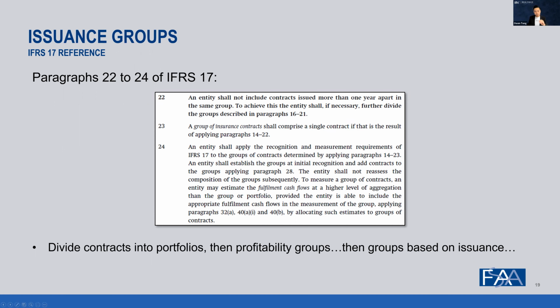Once you get to that lowest grouping level, that's the level where you need to produce numbers, where you need to measure the insurance contracts. IFRS 17 talks about measuring, like determining the fulfillment cash flows or the CSM if you're doing the general measurement model. Basically, you have to produce numbers for these insurance contracts at this lowest tier, which is portfolios, then profitability groups, then issuance groups, and for that bunch of contracts, produce a set of numbers, and then you aggregate back up.